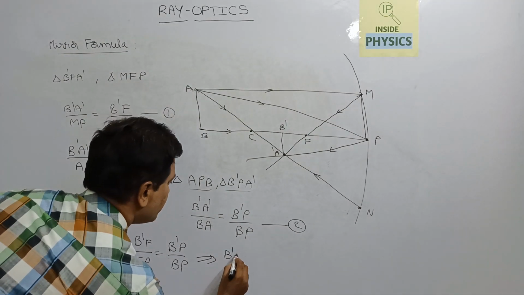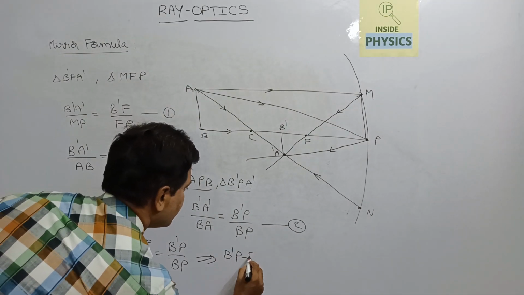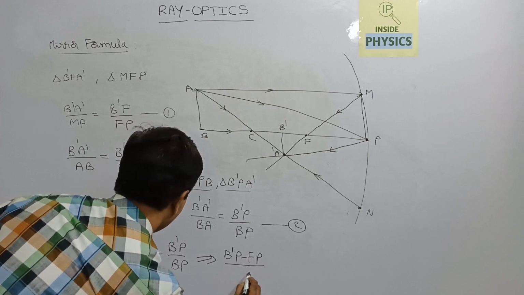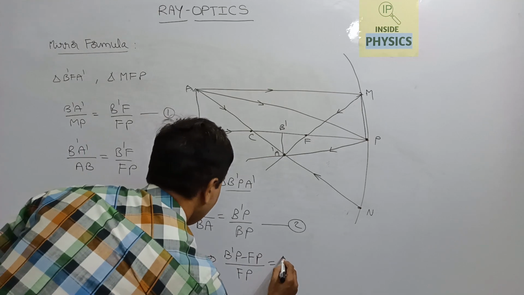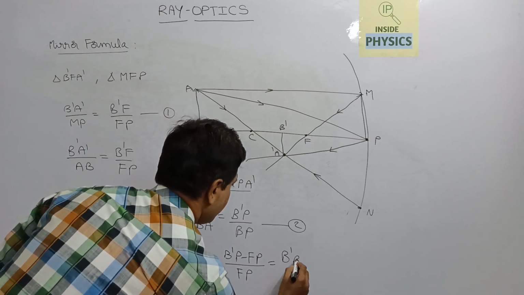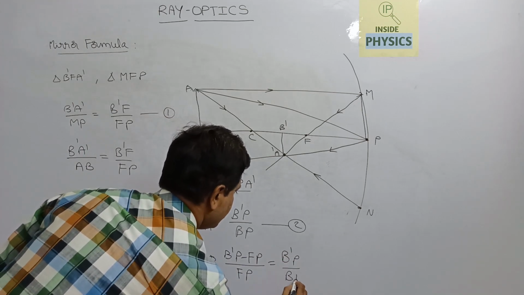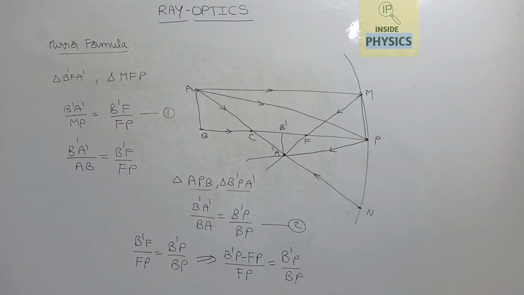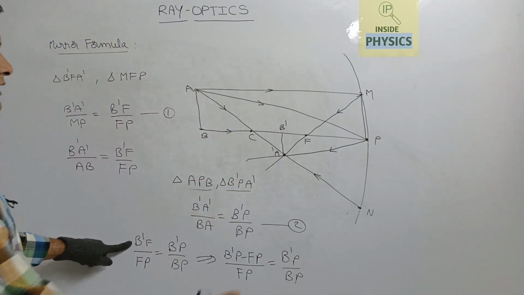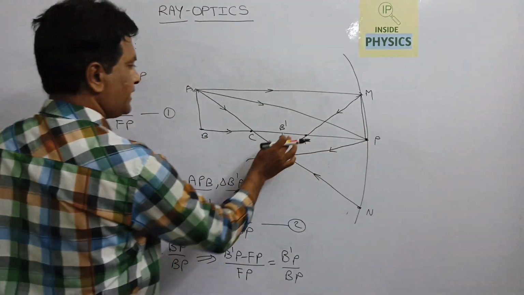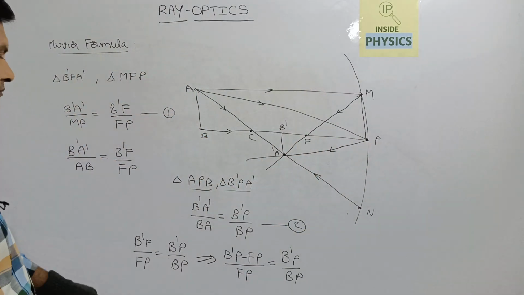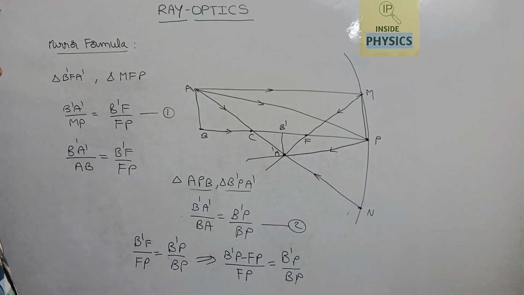So B dash P minus FP by FP is equal to B dash P by BP. I have written B dash F as B dash P minus FP.